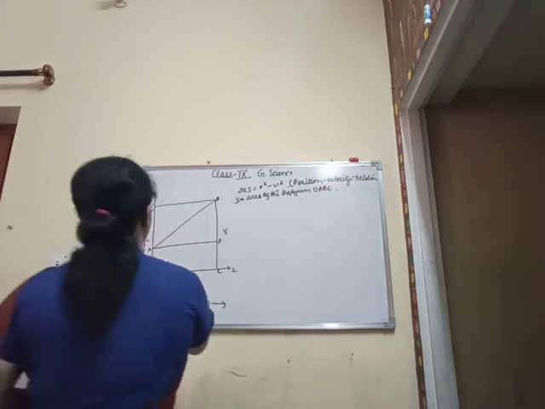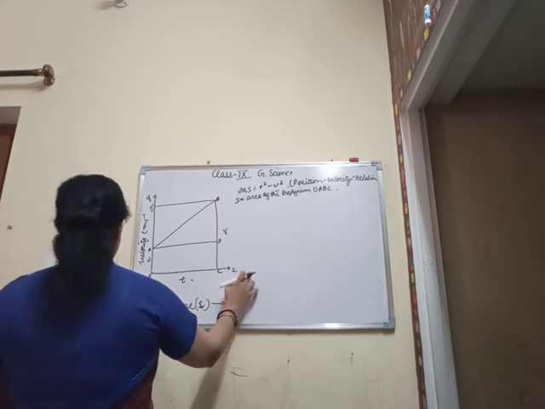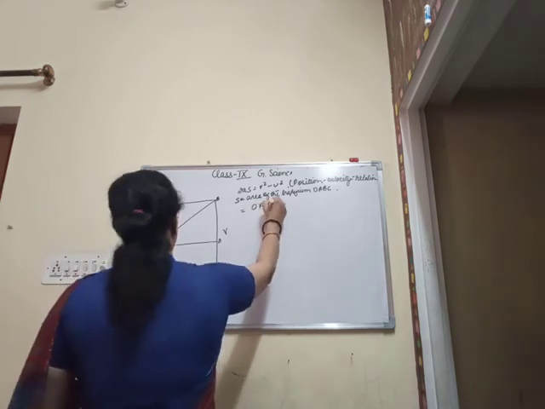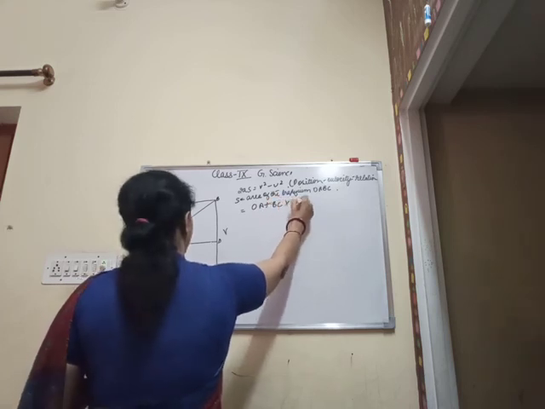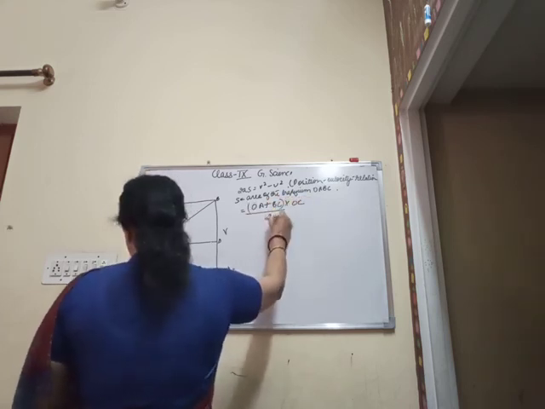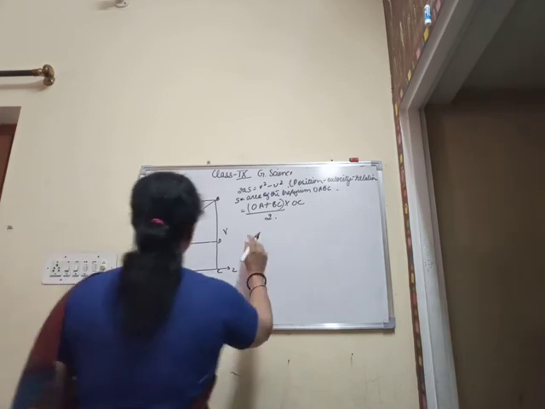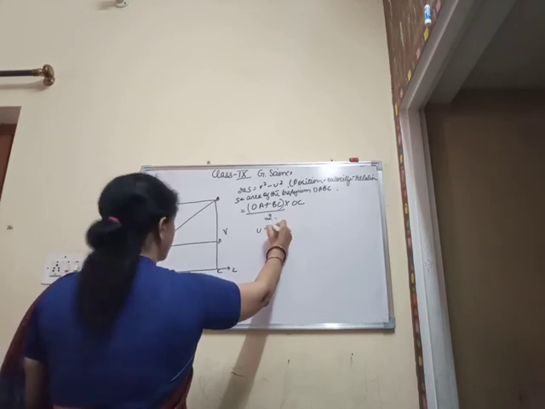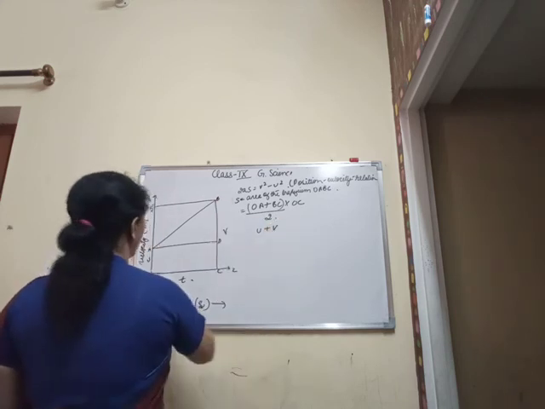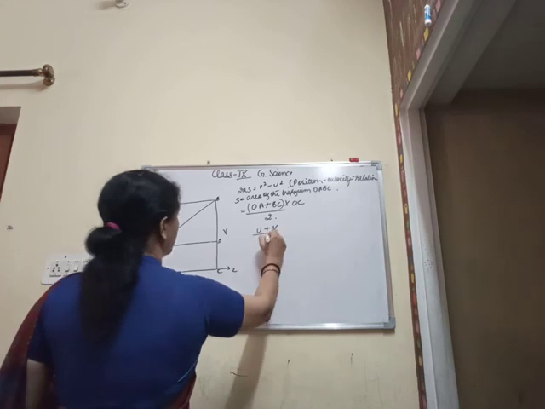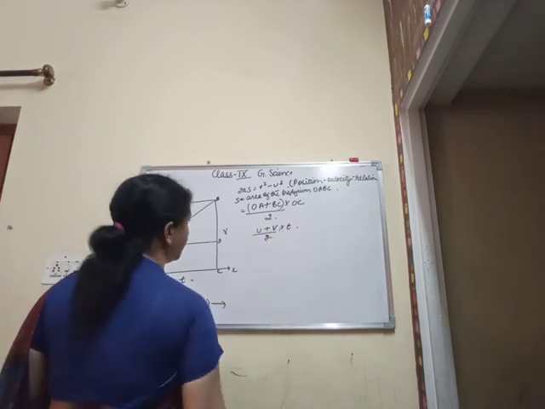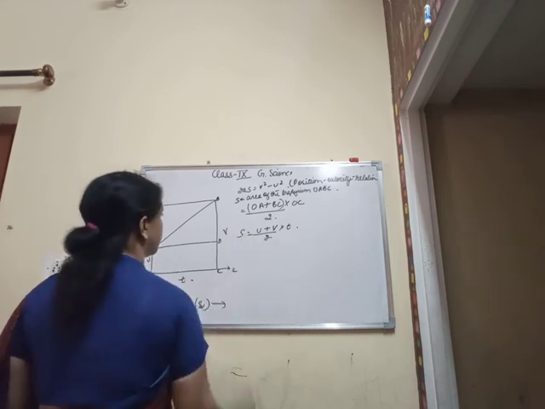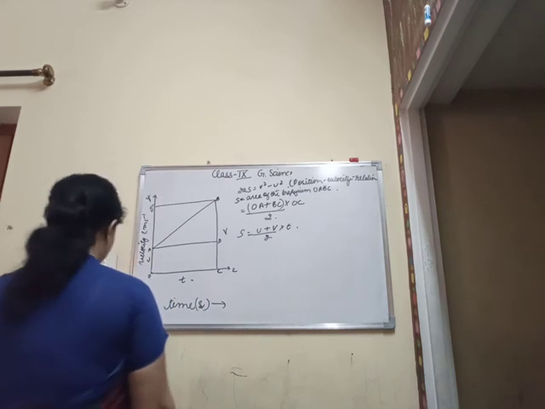This is the trapezium O, A, B and C. According to that, it is equal to OA plus BC into OC upon 2. Substituting the values, OA is equal to U, and BC is equal to V, and OC is equal to time. Clear? So S is equal to U plus V upon 2 into T.